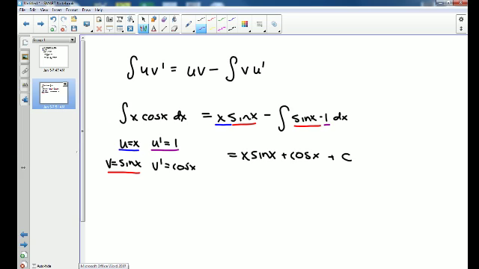You can see what we've done to eliminate the v prime from consideration. So basically, we're getting rid of something to make it easier. So this here is the final answer.